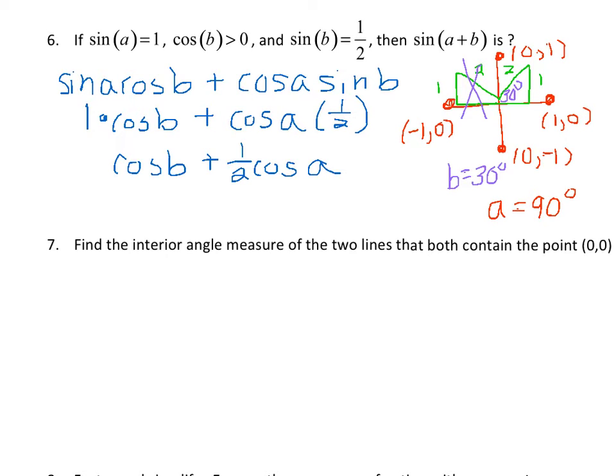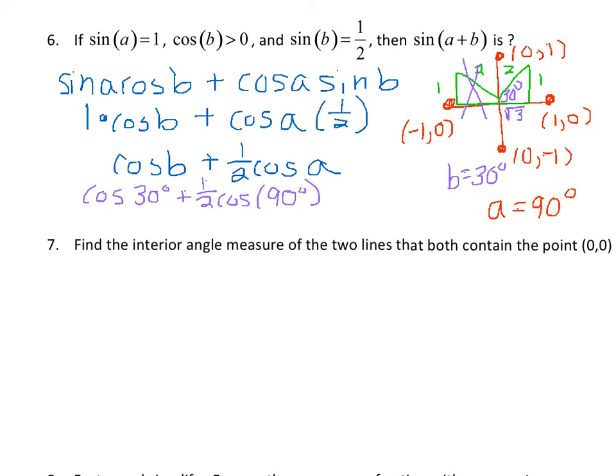Now we can finish this problem. So now I need to find the cosine of 30 degrees plus 1/2 of the cosine of 90 degrees. Well, if I finish drawing my triangle, we know that the second side is √3.